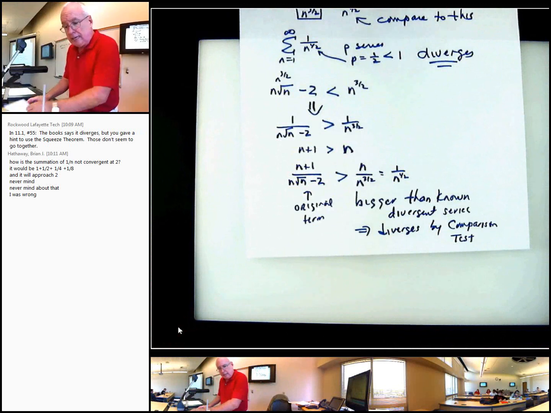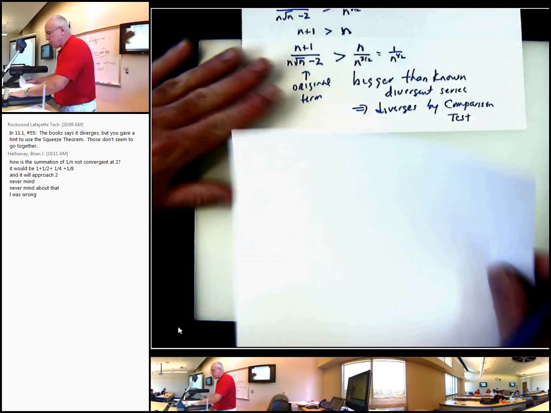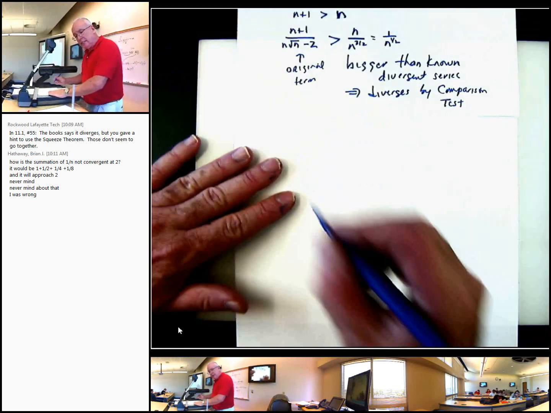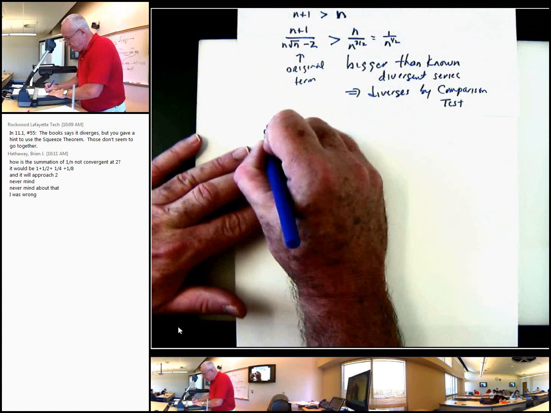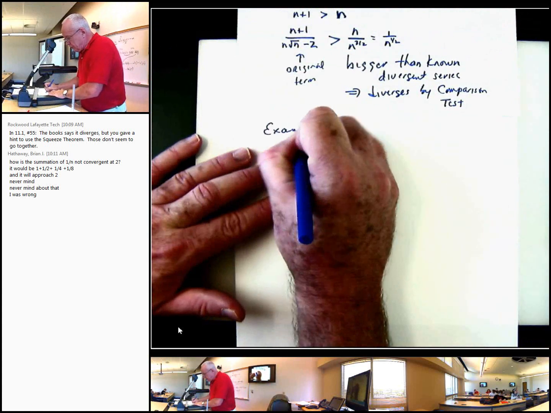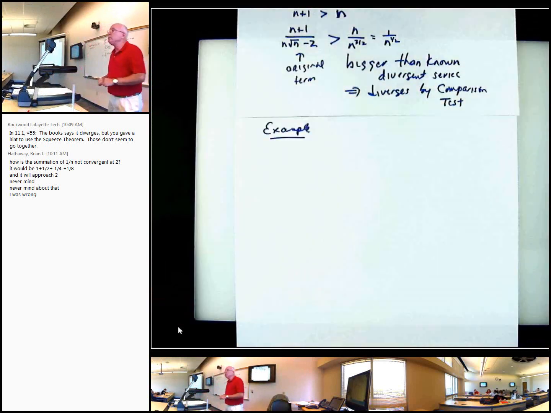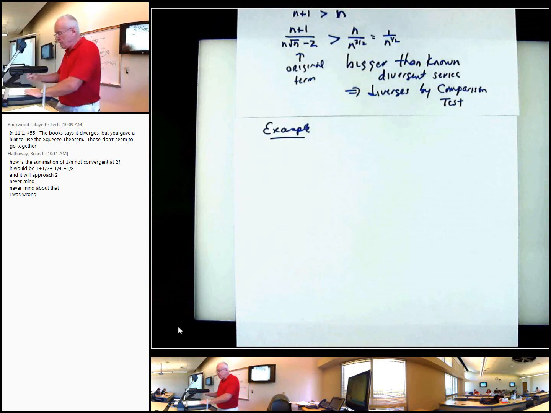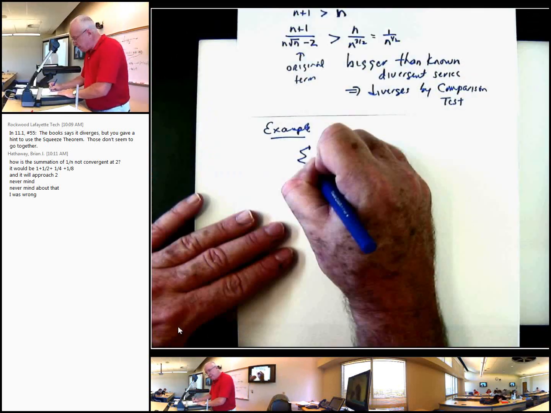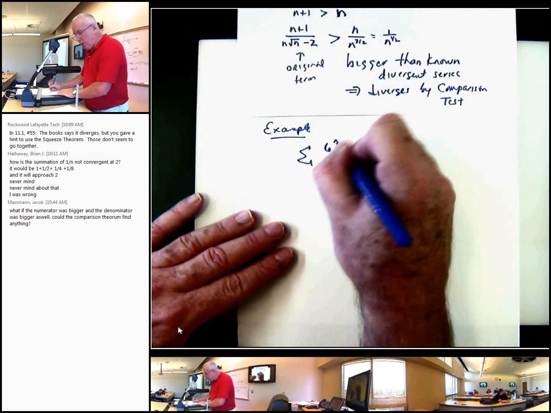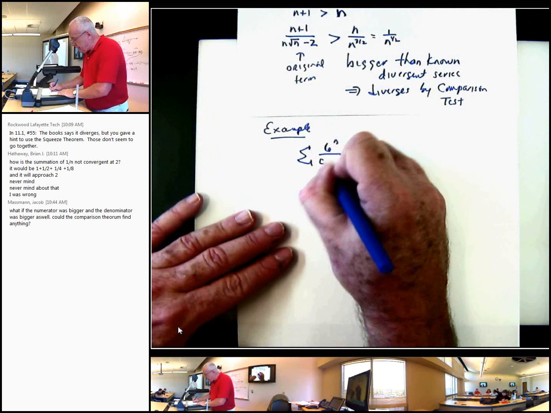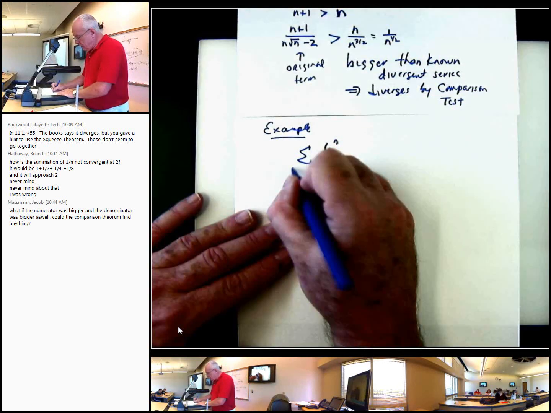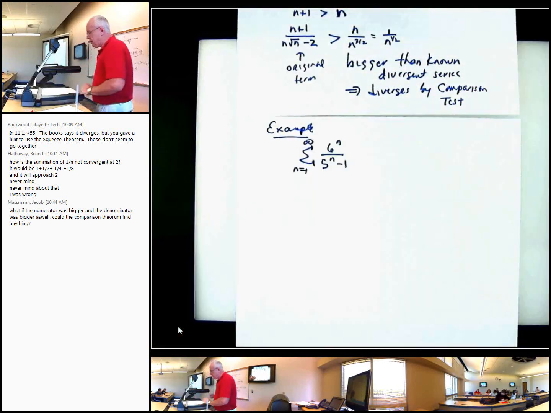Let's look at another example, just to make sure we're getting the idea of this. This one's going to involve a geometric series for a change. So here we're summing 6 to the n power divided by 5 to the n power minus 1 as n goes from 1 to infinity.